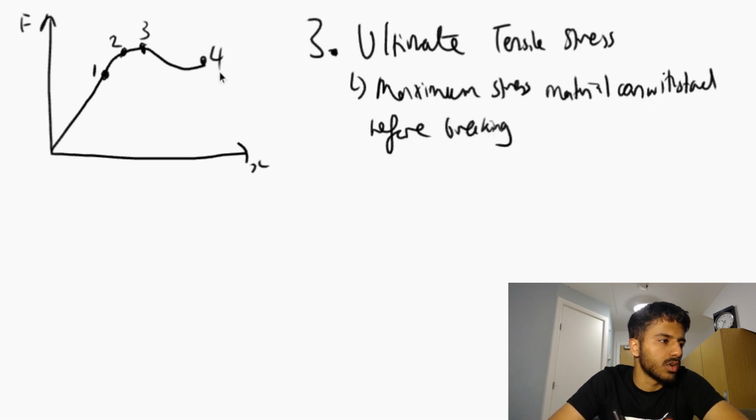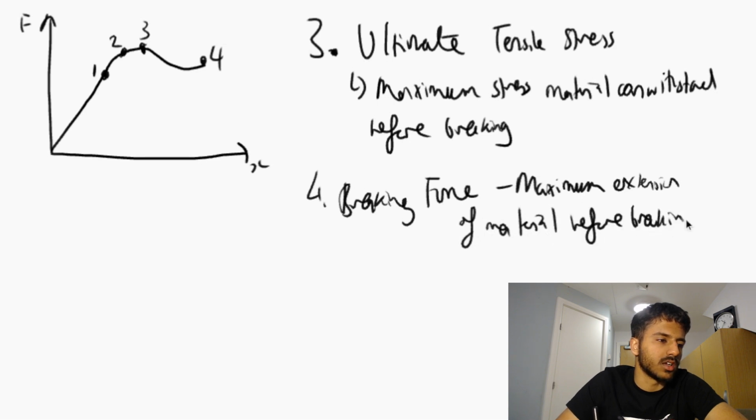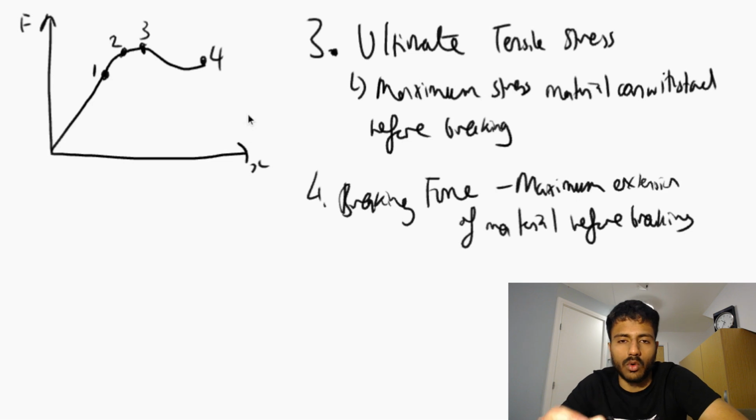And point number four is your breaking force, which is basically the maximum extension of your spring or string or material before breaking. So it can't extend further than point number four before it breaks.